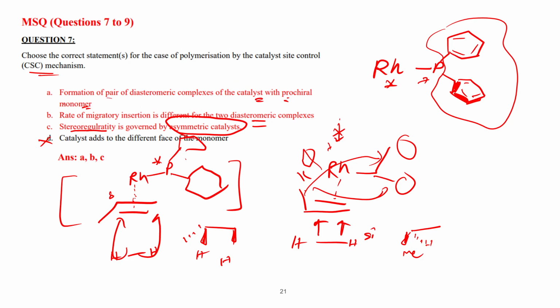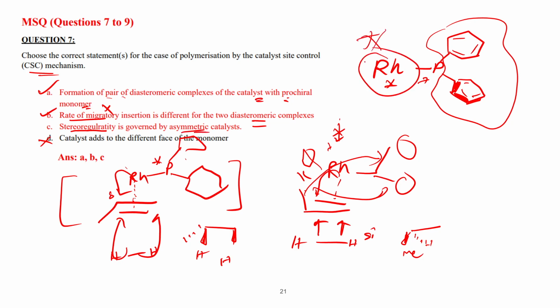So formation of diastereomeric complexes, the rate of migratory insertion, means this thing and this thing. Obviously, this again would not be feasible because having some interaction present, right? So the rate of migratory insertion would obviously be different. So that's why it is governed by the catalyst.